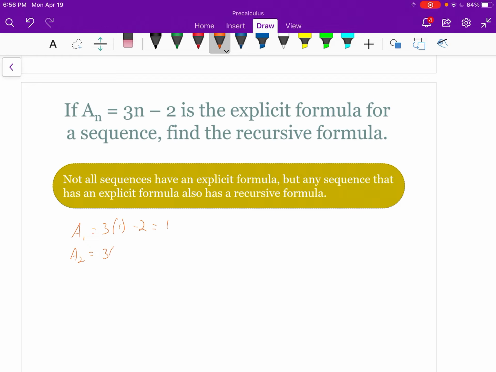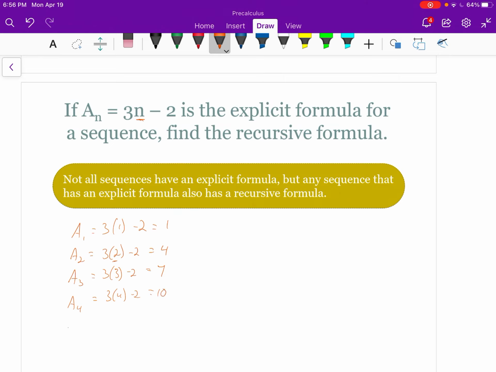Our second term, 3 times 2 minus 2. That's 6 minus 2 is 4. A sub 3. We're going to put 3 in for n. That's 9 minus 2, which is 7. Put in 4.